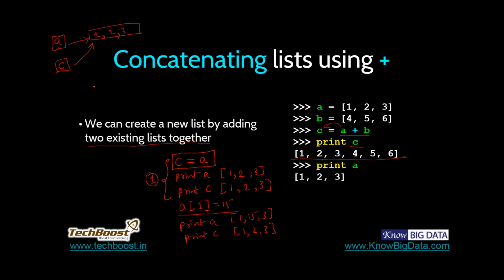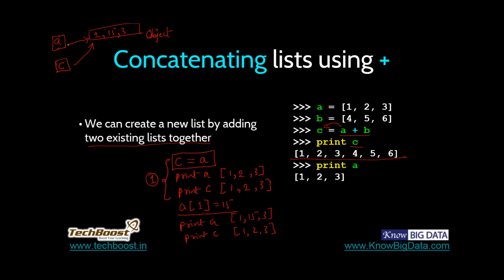Now, when you try to print A and C, we are discussing line by line, we get the same output because both are referencing the same object, isn't it? Now, in the next step, when you try to change A of 1 to 15, the references are not changed.